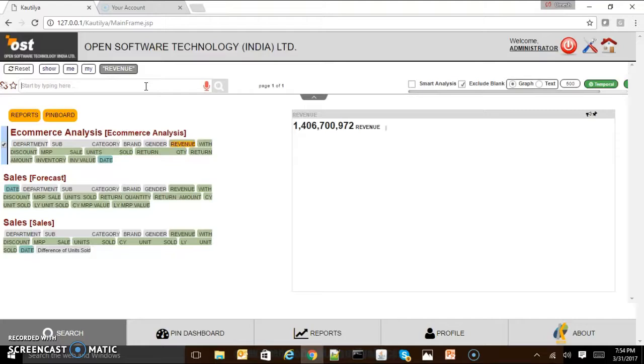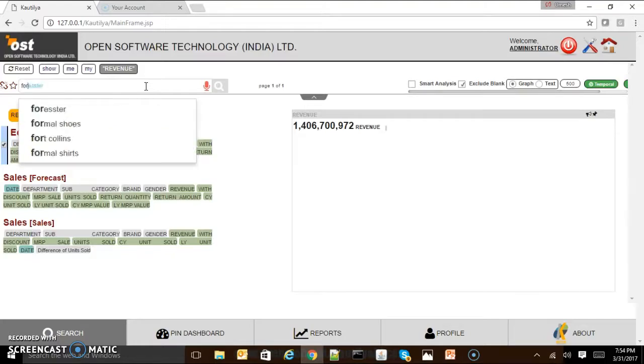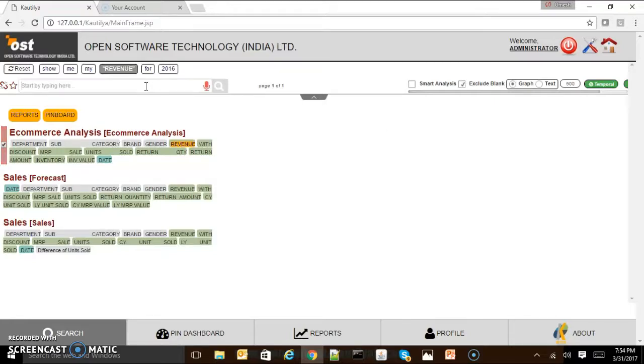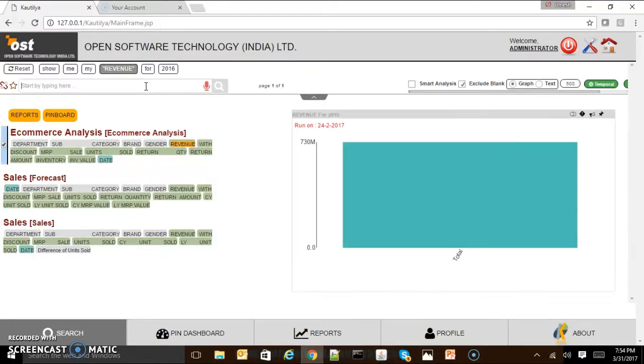I want to see this only for, let's say, 2016. So I've just written for 2016. Again, it parses through the data, it understands, and then it says, well, in 2016 you actually have revenue of only $725 million. So it has understood the question by itself and given me the data accordingly.